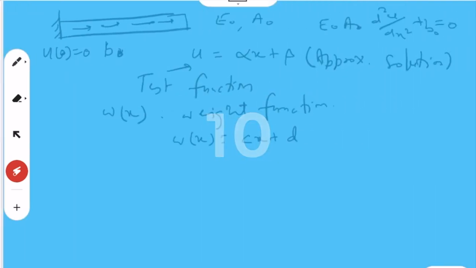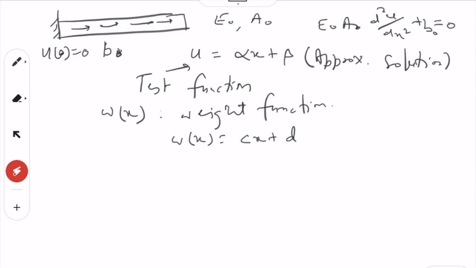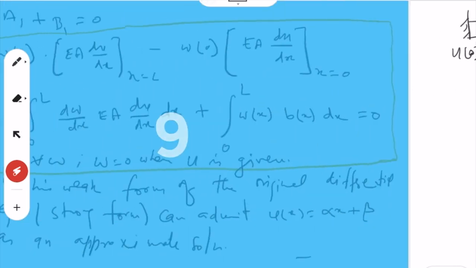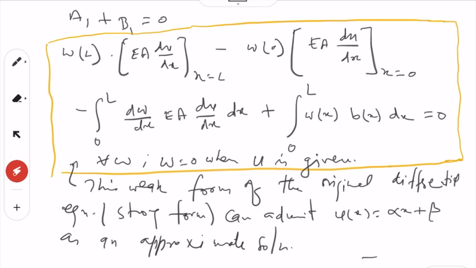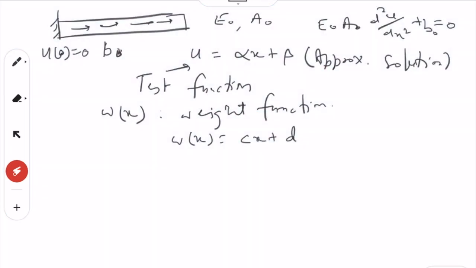Although we are assuming the form of w to be cx plus d, c and d could be any values. Regardless of what c and d you take, this solution has to be valid, and that is going to be our approximate solution. If that is the case, then we can put these values into our equation.